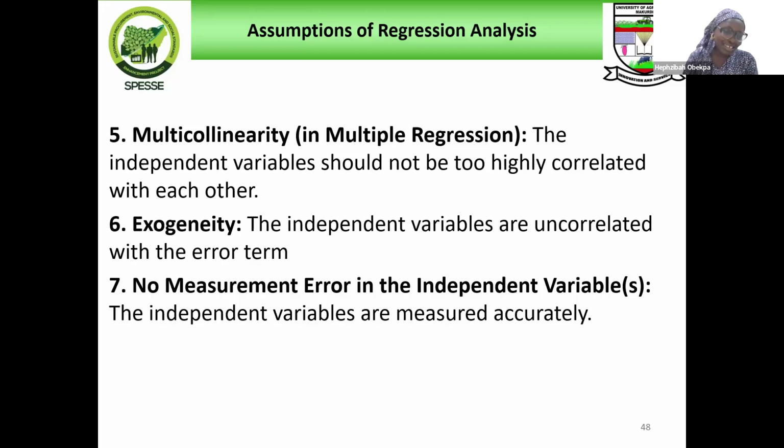The last assumption is that there should be no measurement error. Try to measure your independent variable, that's your x, accurately. What do we mean? For example, if you want to find the income of your respondent, let the respondent know if you're referring to monthly income or annual income. If you just say income, in your mind, you might be referring to annual income. In my mind, I might think you're asking me for my monthly income. You see where error comes in measurement.